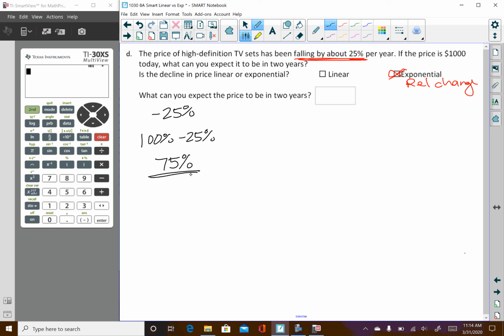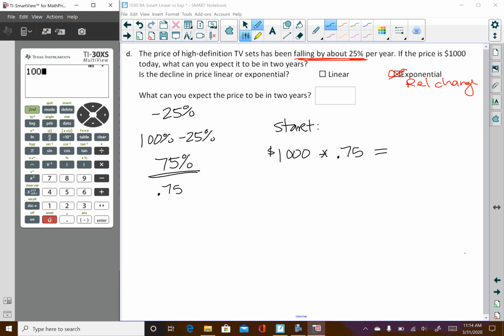So that's what we're going to use. We're going to use a decimal form of that, 0.75. So we take our starting amount. Starting amount is $1,000, and we're going to multiply it by the 0.75 for 75%. It's only 75% the next year.